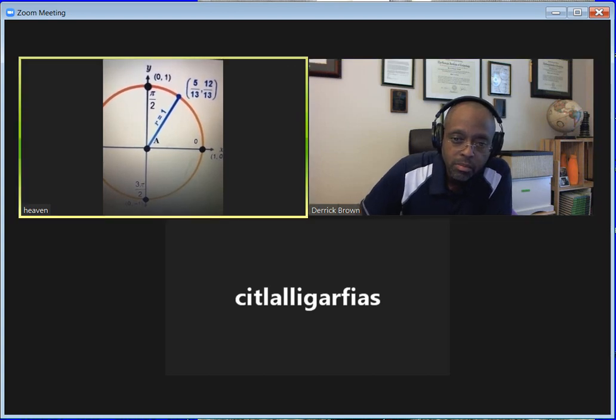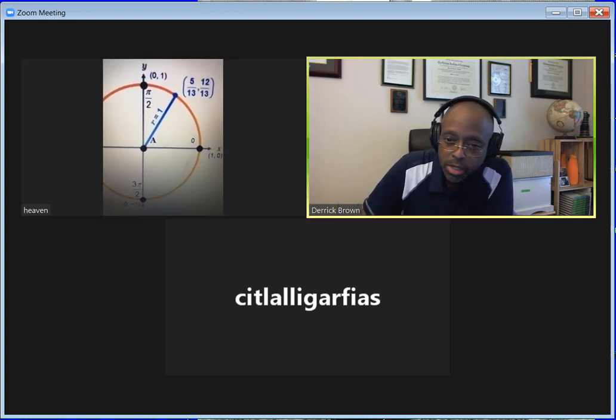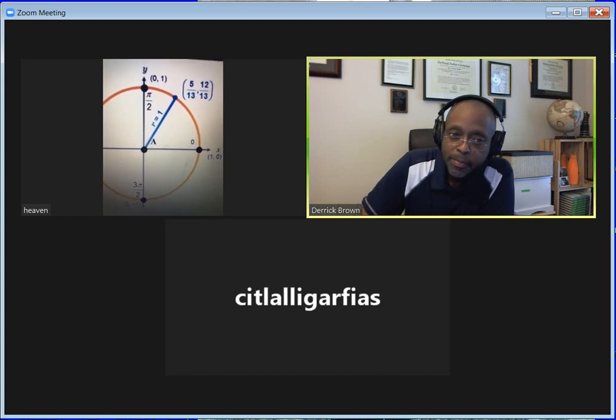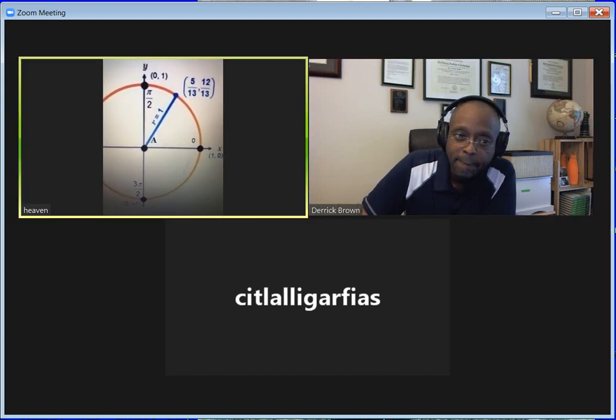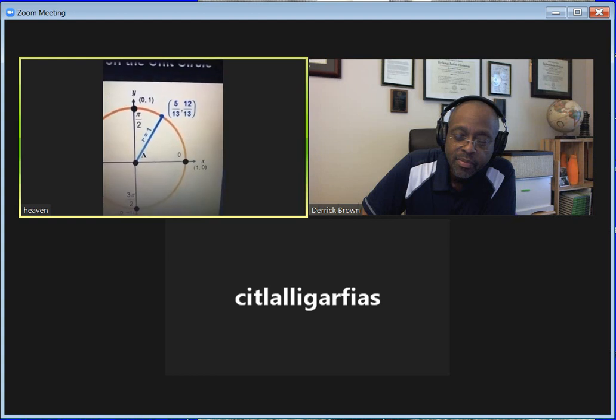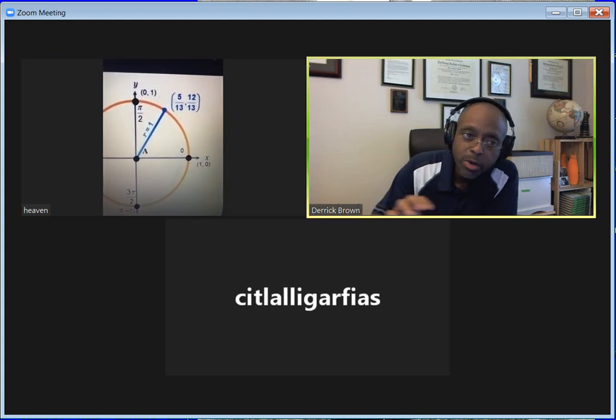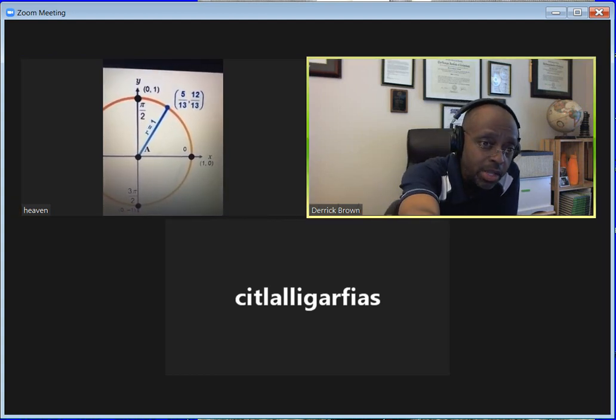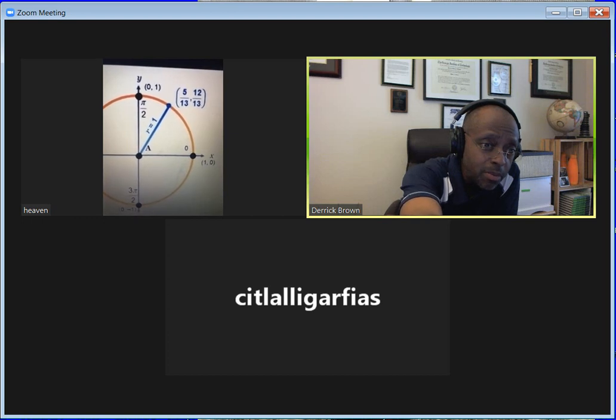It's there in the picture. They're telling you that the length from the center along the x-axis is the x-coordinate, 5/13.